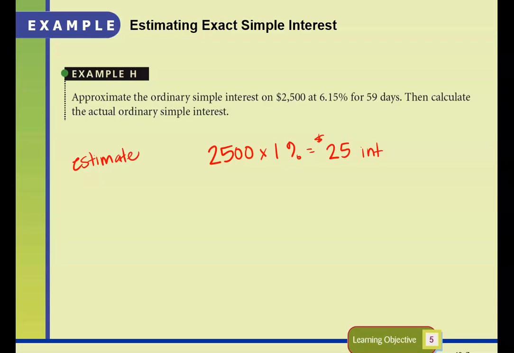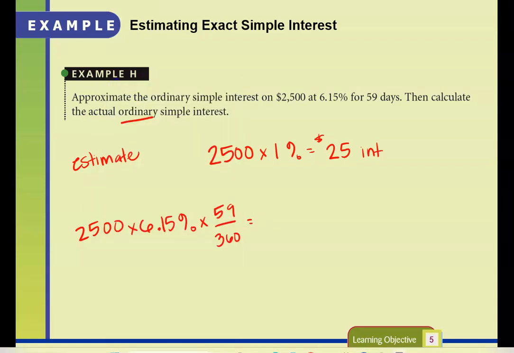If we want to calculate the actual ordinary interest, here we're going to do our regular formula of principal times rate times time, and because this is ordinary, I'm using 360 as my denominator.